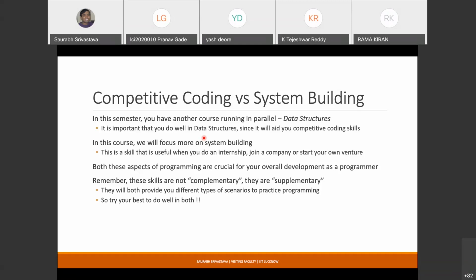Okay, and usually these days, they look for what are known as full stack developers. So what do you mean by full stack developers? Basically, they expect everything from one particular hire, right? So essentially, they'll give you an end-to-end problem. You will have to figure out how to solve this problem.